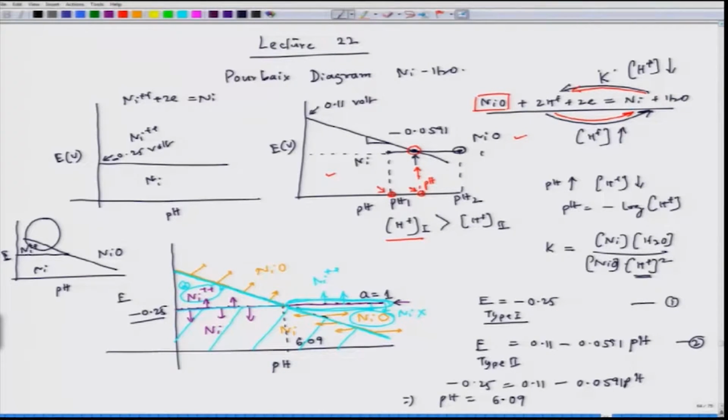In order to do that, we have to consider another reaction, which is the type 3 type. It indicates equilibrium between Ni plus plus and NiO.